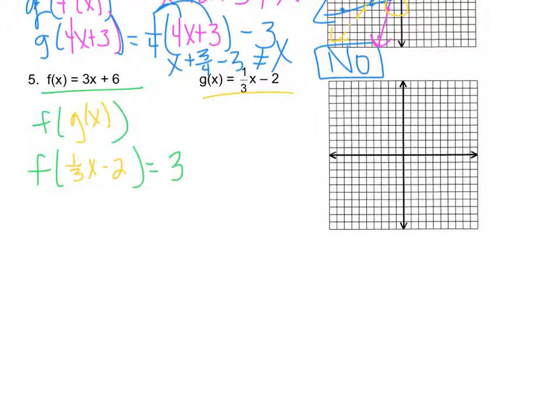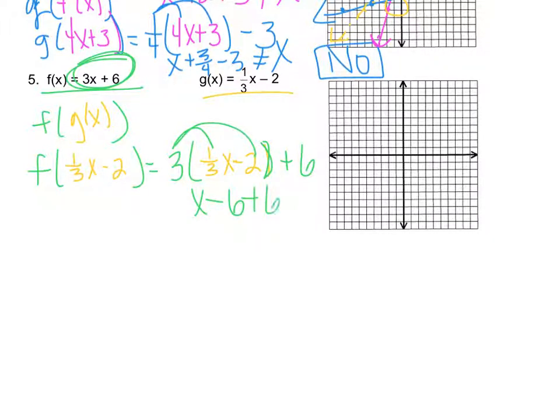So I have function f, 3 times x, which we're replacing 1/3 x minus 2. And then we have the plus 6, because we're looking at that function there. So when we distribute, we're going to get 1x minus 6 plus 6, which those cancel, so it equals x.